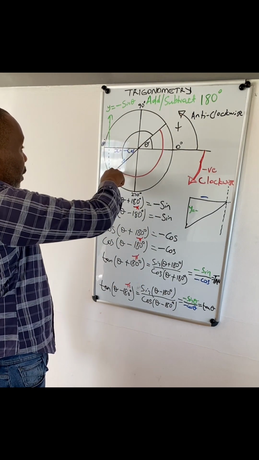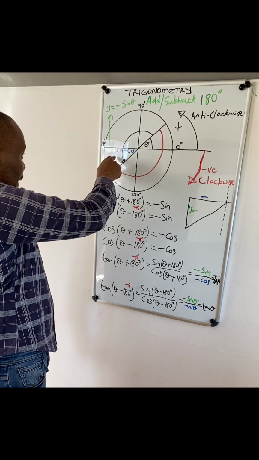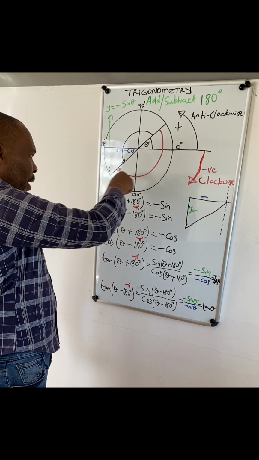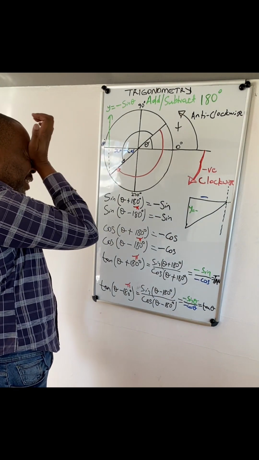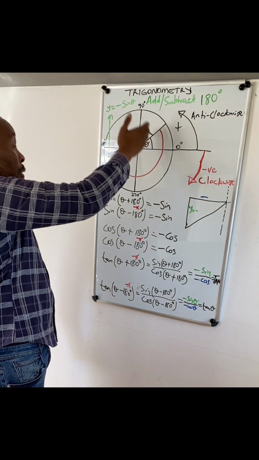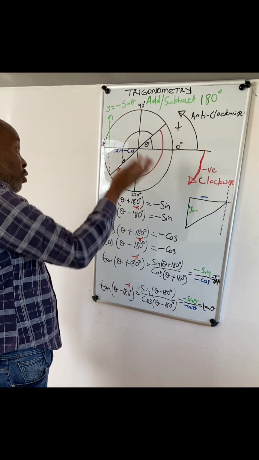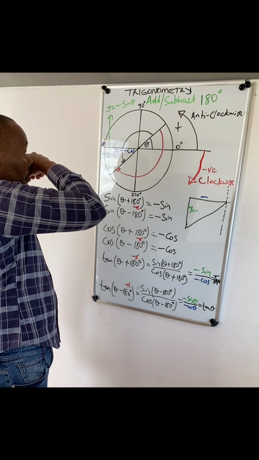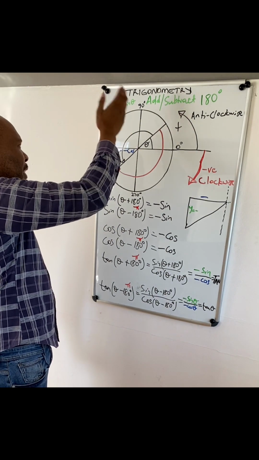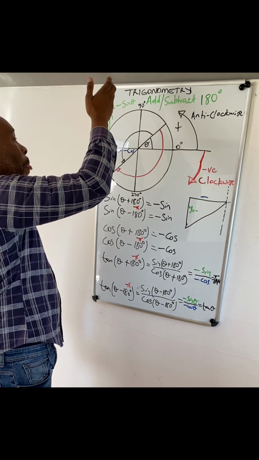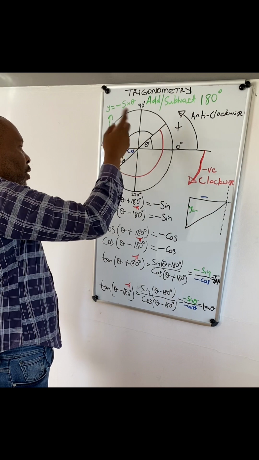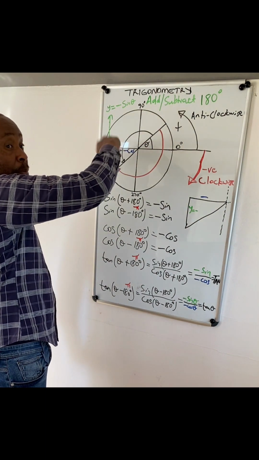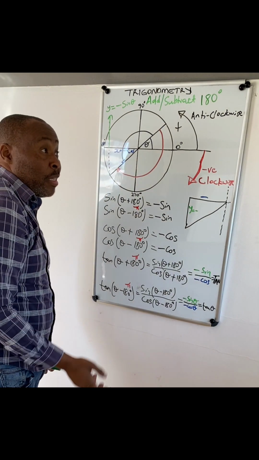We're adding or subtracting 180 degrees. We add 180 degrees, it takes us to this. We subtract 180 degrees, it takes us to this. In fact, in all cases, if this angle was here at 60, 60 plus 180 would have given us 240.